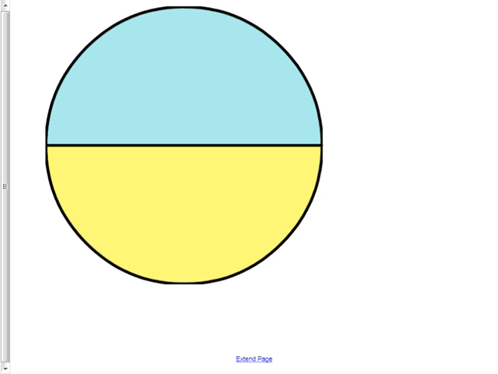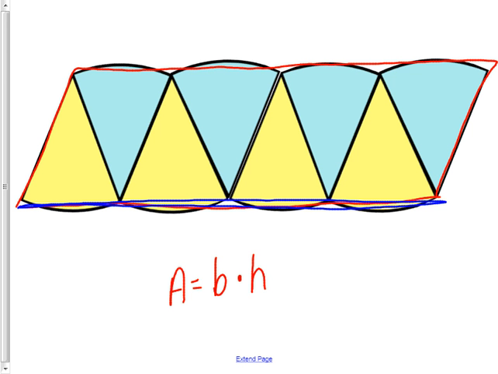So the base of the parallelogram we have formed is half of the distance around a circle. The distance the whole way around a circle is called the circumference. So the base of our parallelogram is half of the circumference, so 1/2 times the circumference.